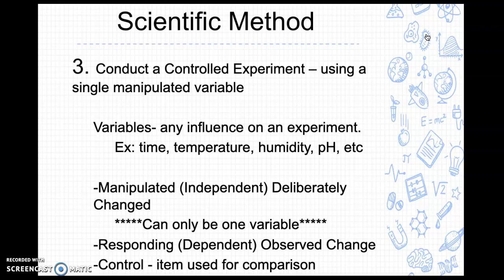You want to keep things the same, so you're testing only one variable at a time. And then the control is an item that's used for comparison. This is where you will not change anything. You just leave it and observe the results for that experiment.